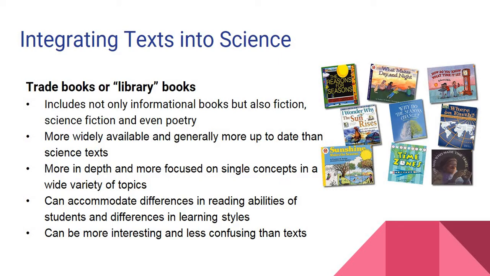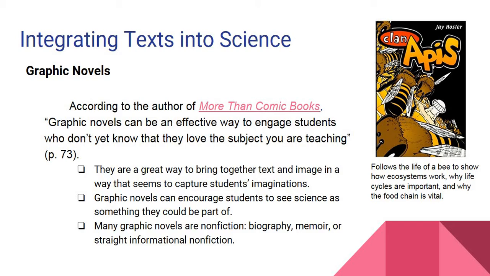Trade books can also accommodate differences in reading abilities of students and differences in learning styles and are especially helpful for ELL students. They are also more interesting and less confusing than a textbook. I think it's important to note that trade books should be used to supplement science textbooks instead of replacing them, and they should be picked with care and with specific objectives in mind.